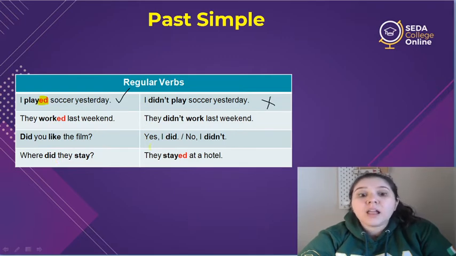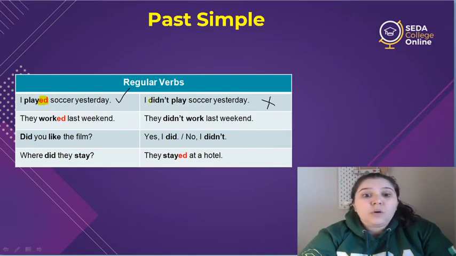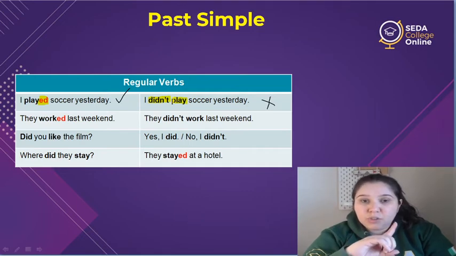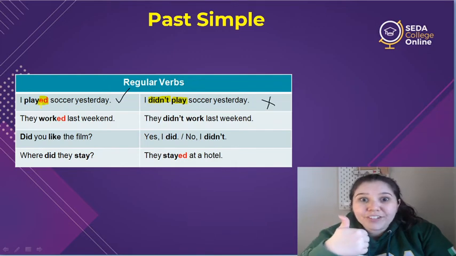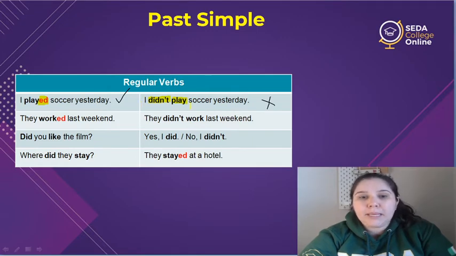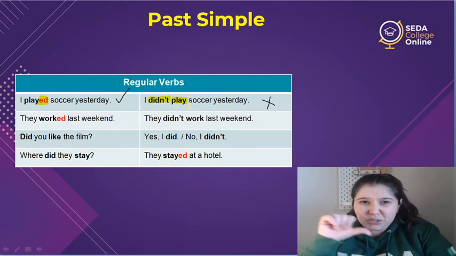When we are making a negative sentence, we use didn't and then the verb doesn't have ed. You can't use ed here. We only use ed for affirmative sentences. For negatives, we use didn't. I didn't play. I can't say I didn't played.